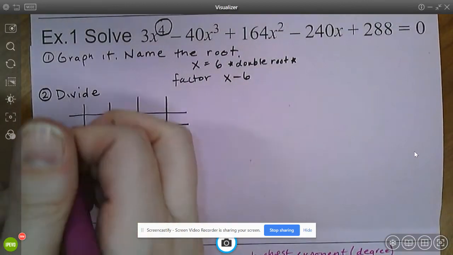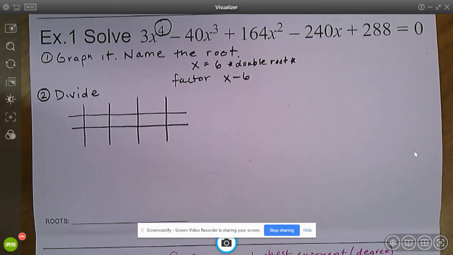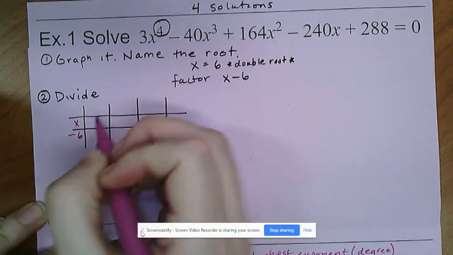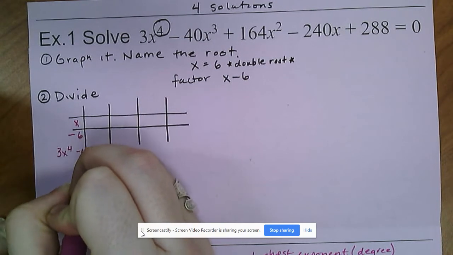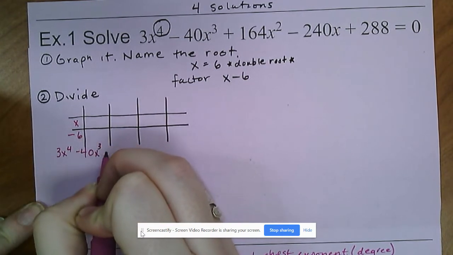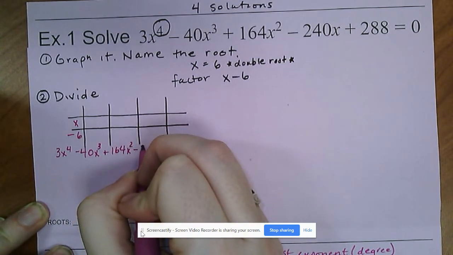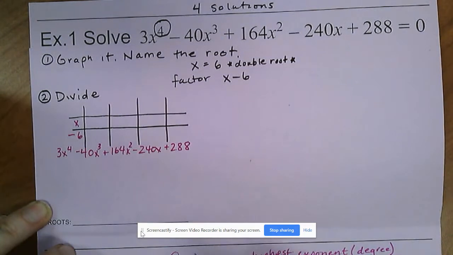So here we go. I'm going to write my x minus 6, and then I'm going to write my dividend over here. And then I can actually do my division.